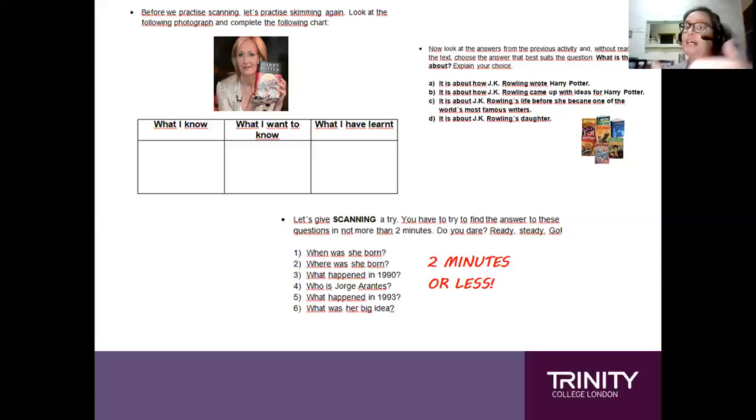Then there is a third task that asks the students to look at the answers to these two previous tasks. And without reading the text, they have to try to answer the following question: what is the text about? So they are given possible answers to that. It is about how J.K. Rowling wrote Harry Potter.